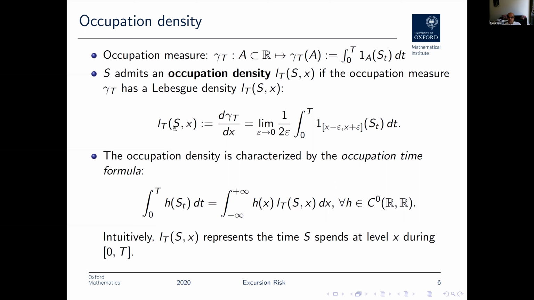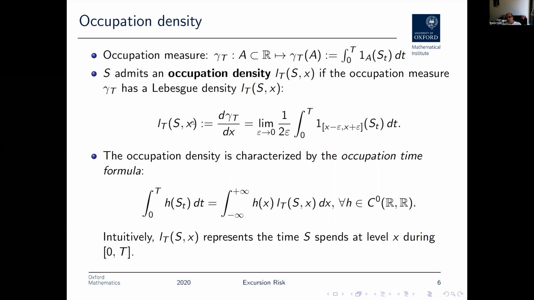So the value of the density at x is called the occupation density of the path, L_t^x(S). And as usual, you can think of the density as a limit: the limit of the measure of a small interval around x, divided by its length, when you shrink the interval to 0. That's what we call the occupation density of a path at a point x.